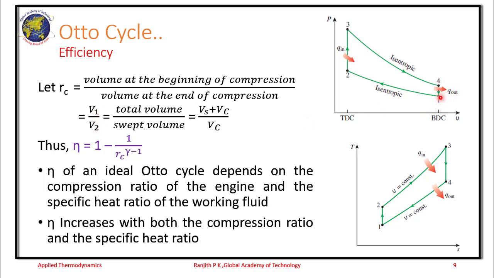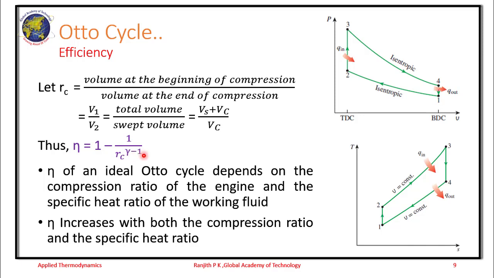V1 is the volume at the beginning of compression, V2 is the volume at the end of compression. That is nothing but total volume by swept volume. So we have Vs plus Vc as the total volume, which is equal to V1, divided by the clearance volume, that is nothing but V2. So we can write this expression of the efficiency in terms of the compression ratio, that is efficiency is equal to 1 minus 1 divided by Rc power gamma minus 1.